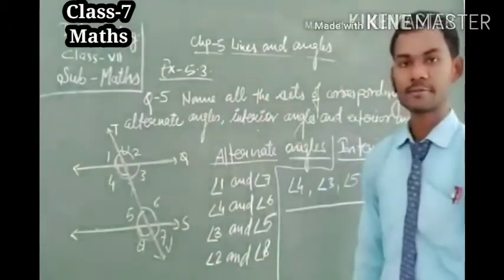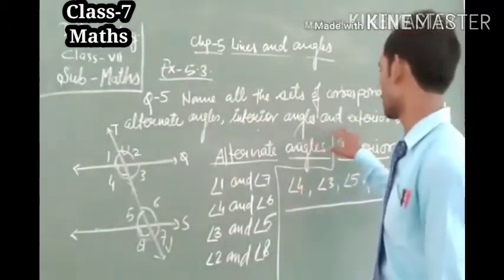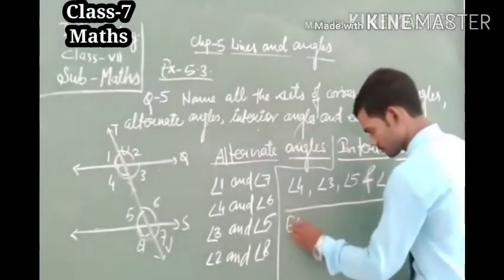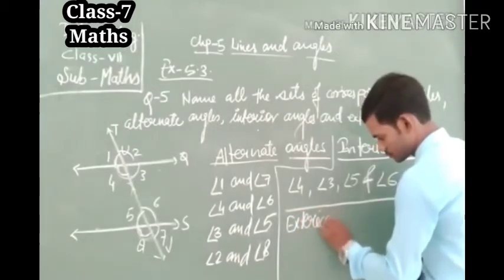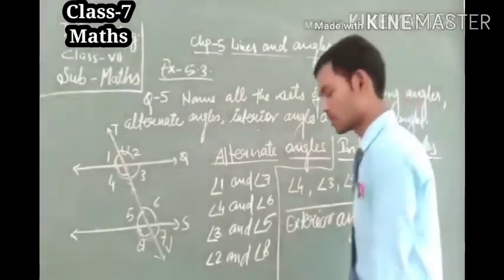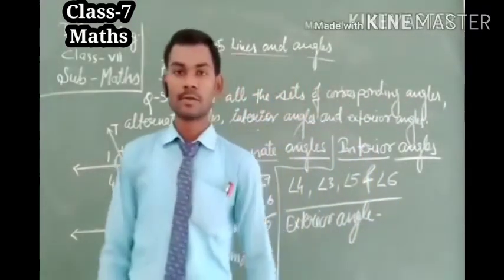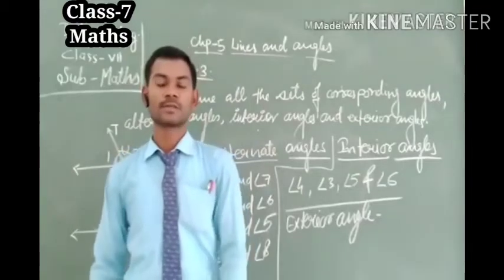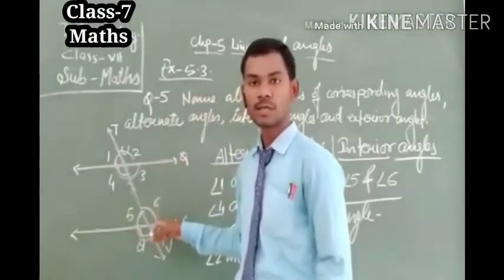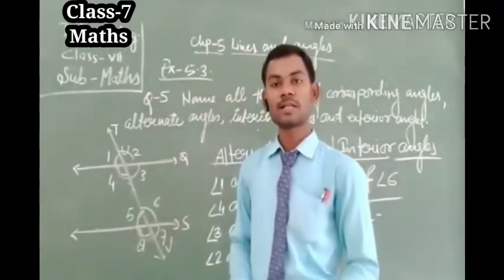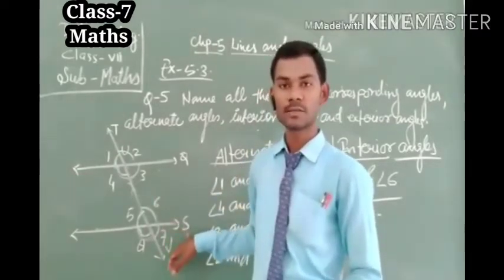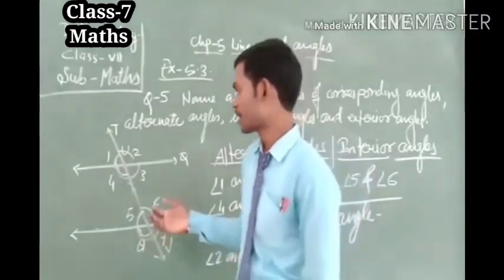Now the next, the last, that we have to find is the exterior angle. What is the exterior angle? Angles which do not have the line segment UV and also do not lie between the given lines Q and S are known as exterior angles.